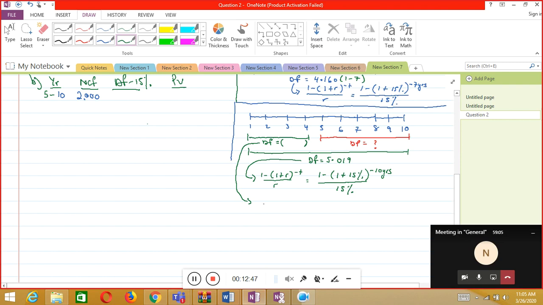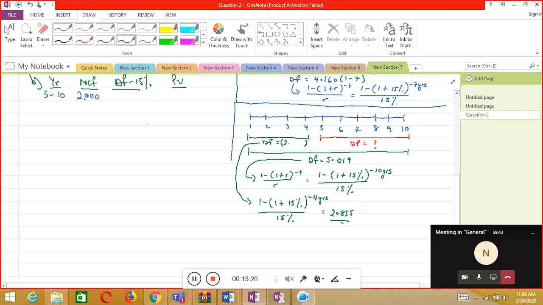Okay, so straight jump into the working. 1 minus 1 plus 15%, but how many years is this? 1 to 4, 4 years, so negative 4 years over 15%. How much you get? So you should be able to get 2.855.